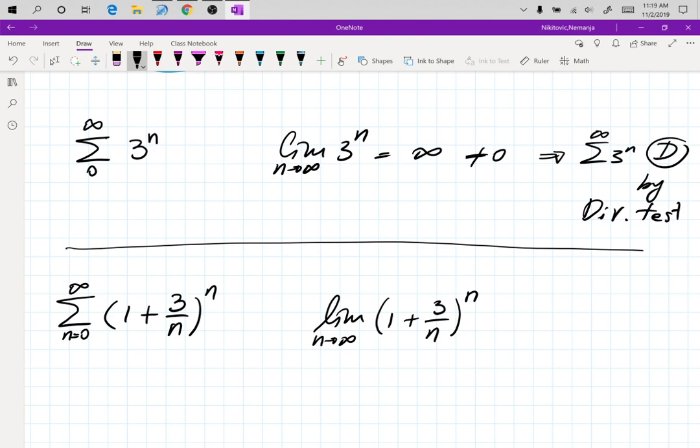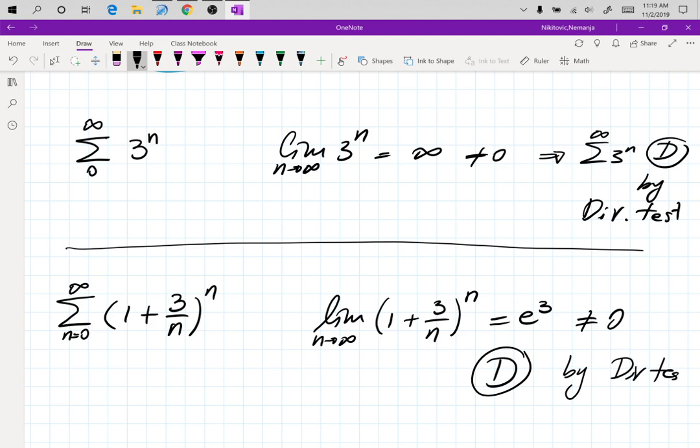It's e cubed in this case because there is a 3 inside. That's not 0. And because it's not 0, it diverges by the divergence test.